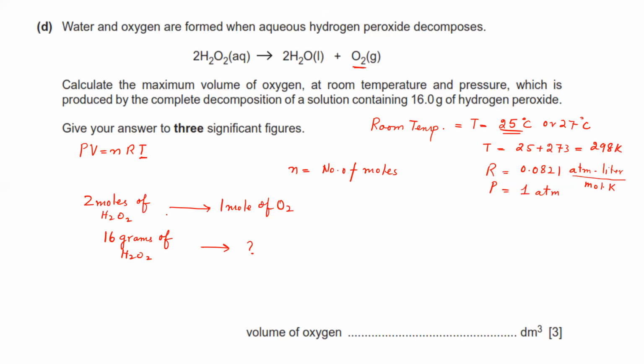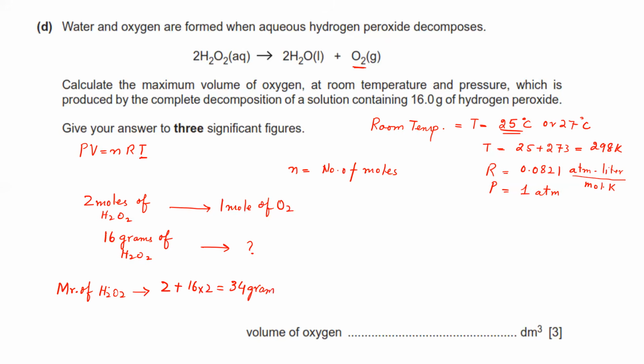So first of all, see H2O2, molecular mass of H2O2 is 2 plus 16 into 2, 34 grams.